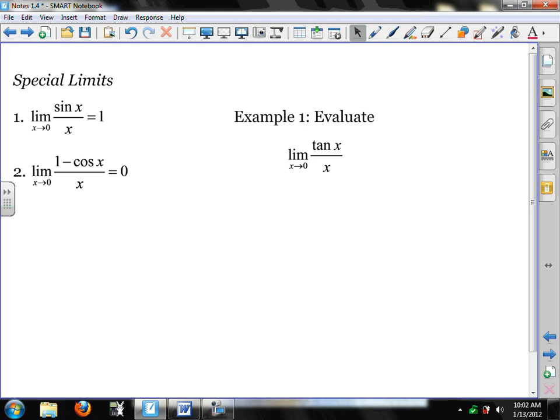Example 1 asks us to evaluate the limit as x approaches 0 of tangent x over x. We want to rewrite that so that part of it looks like one of these two special limits. So in this case, tangent we know is sine over cosine.